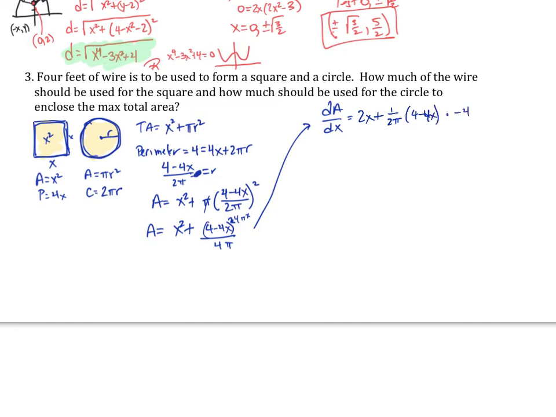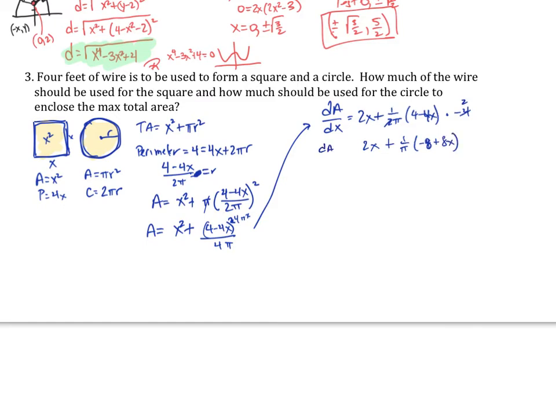Okay, cleaning this up, that reduces to give me negative 2. So I'll have 2x plus, and now I can distribute a little bit. I've got 1 over pi, and I'm going to distribute it to this part. That'll give me negative 4 plus negative 8 plus my 8x.